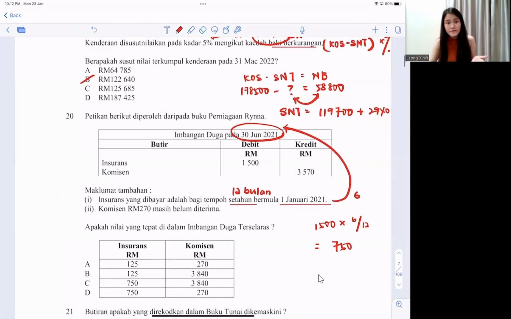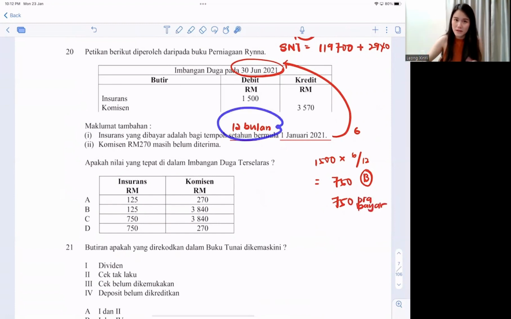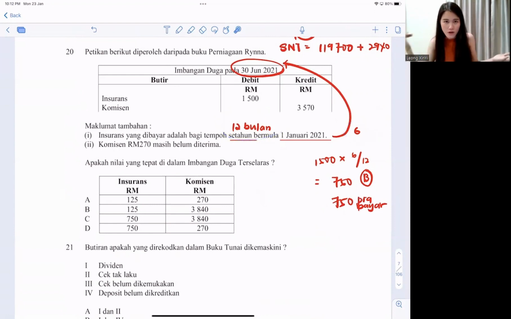That's 750. Okay, that's 750. And at the same time, I can also calculate out, we have 750 sebenar. This one is prabayar. Okay, why? Because they paid for 12 months, but in fact, I can only take 6 months. That's why the other 6 is considered prabayar.